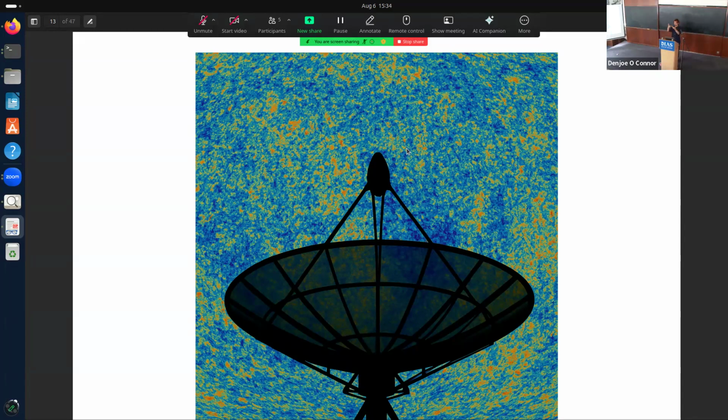So when we make an observation, we see them as being hotter, and the colder regions of the CMB correspond to shallower gravitational wells where there's not a lot of mass. This basically gives us a very good understanding of the initial conditions of the universe at the time of last scattering.